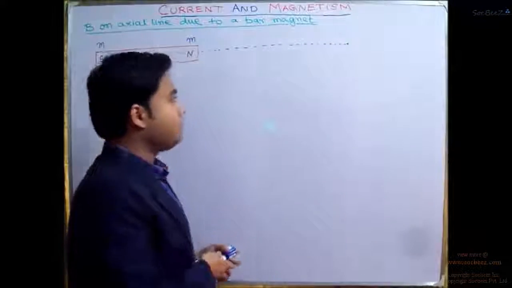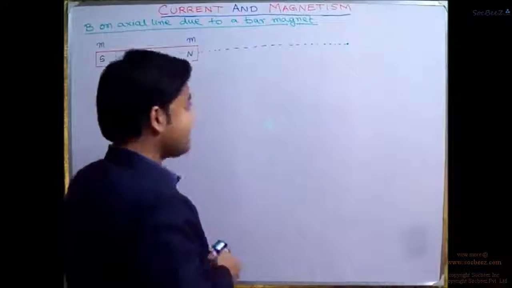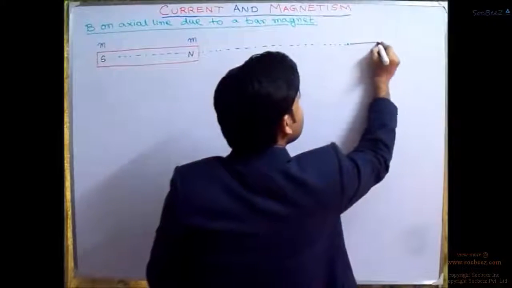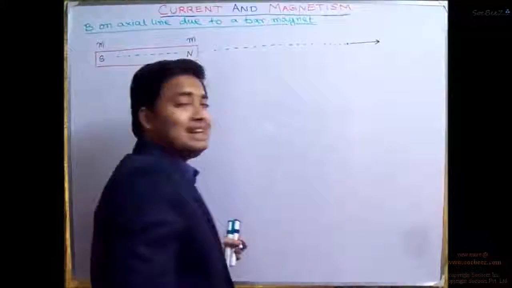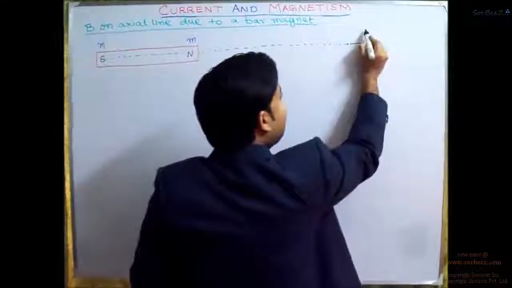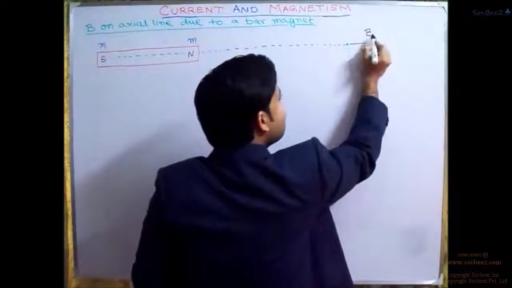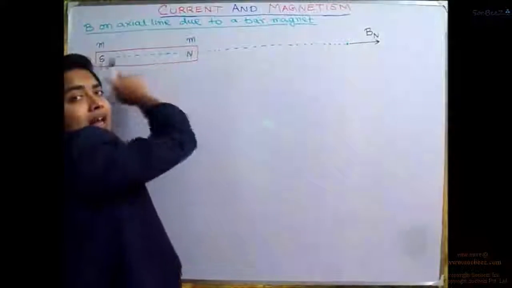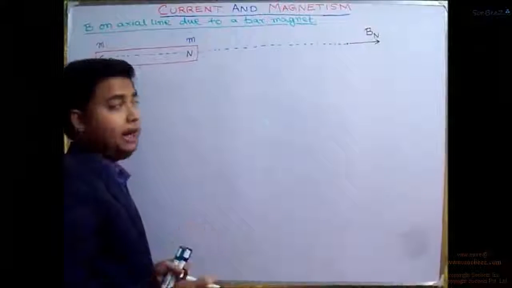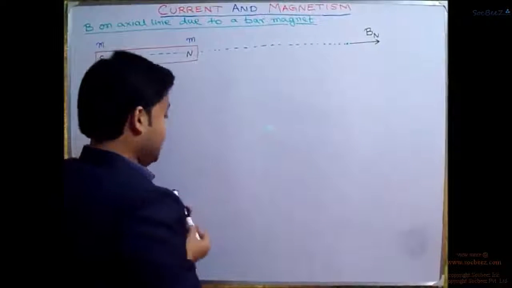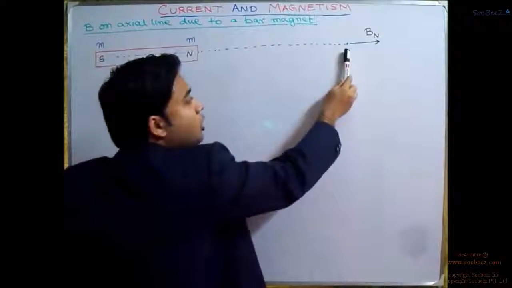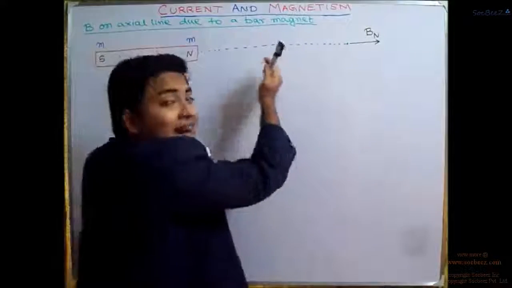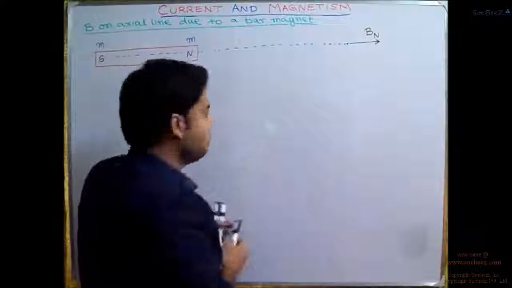Say we take it in this direction, this is the magnetic flux density due to the North Pole of this magnetic dipole, right? And if over here there is the North Pole, this South Pole will attract it in this direction.